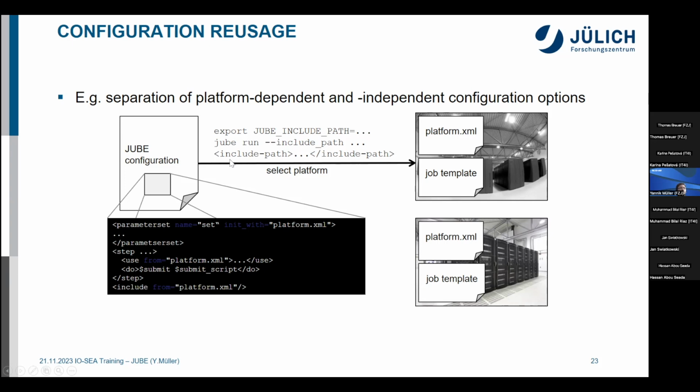These are 3 out of 4, I think, variations to make JUBE aware where these files are. And again, I would say if someone is installing this for other users, you should probably just resolve to the first version. For example, for us, we have a module. So if you load this module, this JUBE include path is exported, and you're good to go.